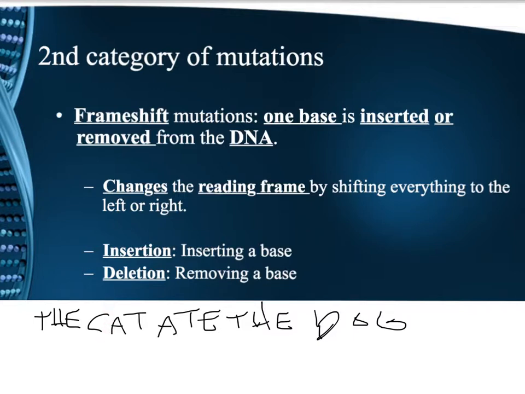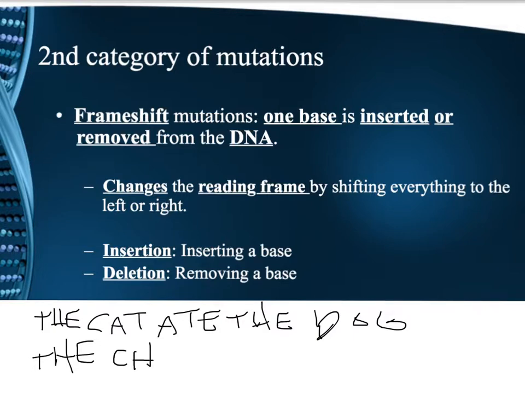What that does is it moves everything down one frame, or a frame shift, if you will. So if I add a new base right here, let's say I add an H, it's going to move all the other letters down, and we're going to get something that looks like this. Are you ready? Watch my bad writing. There's a C, but we're going to add this H in here.